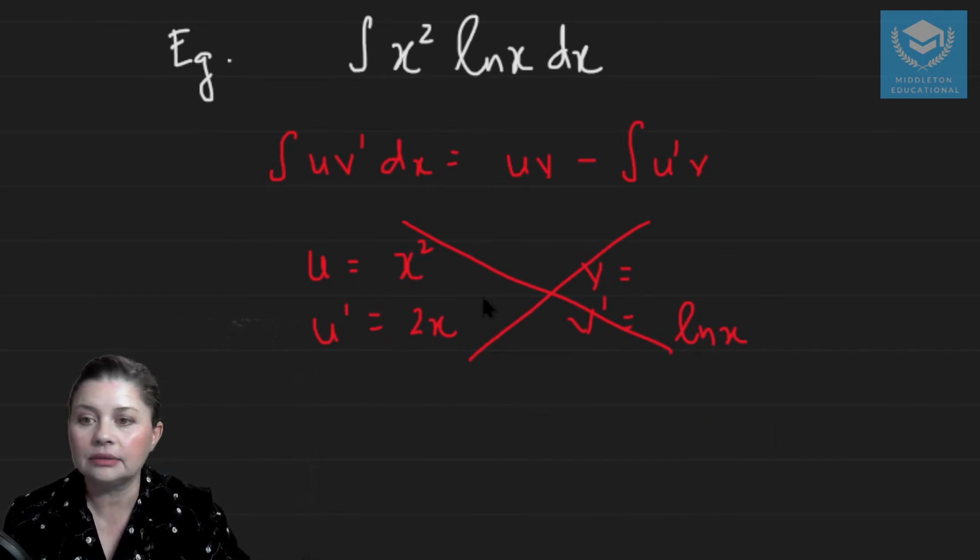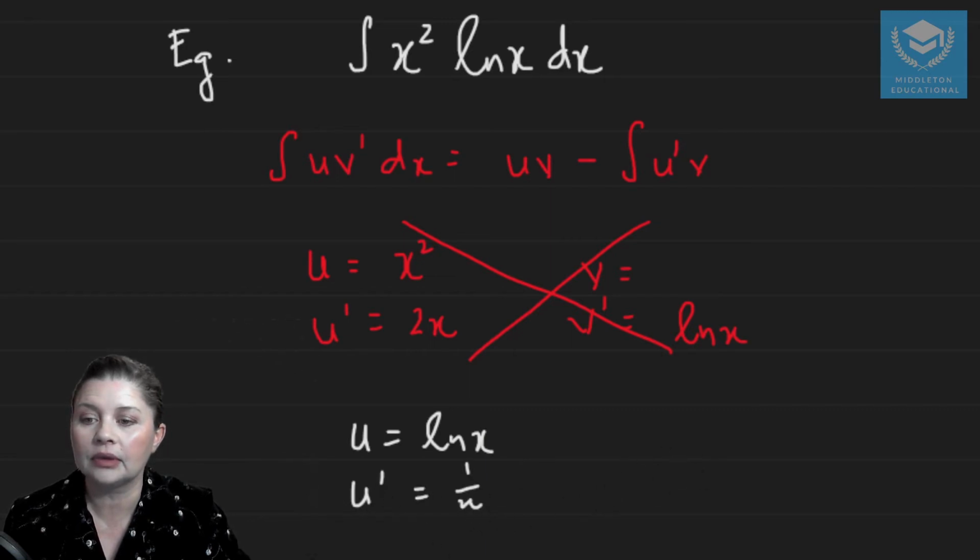So instead, we are going to choose u to be ln x, which means that u dash is going to be 1 over x.